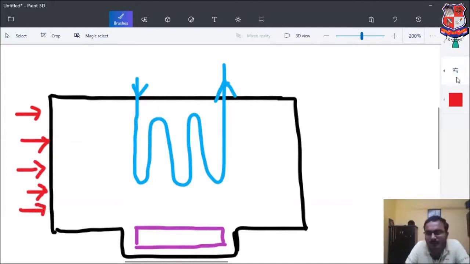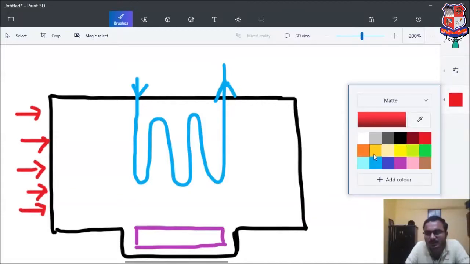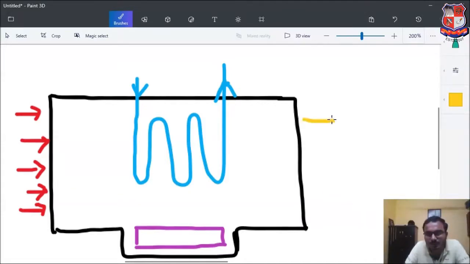Similarly, at the exit we are having 1 kg of air which is exiting this apparatus.